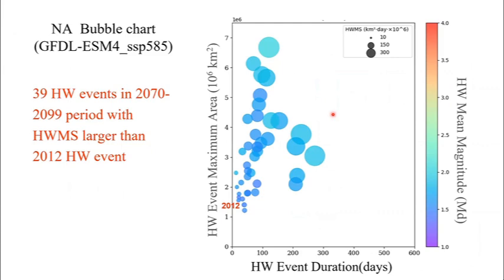There are actually 39 cases that are higher than the top one in the current history, which occurred in 2012 in that particular model, and it is tiny here, but you can have a large increase of area and a large increase of this duration, although this duration is not going to last that long, going through a year.